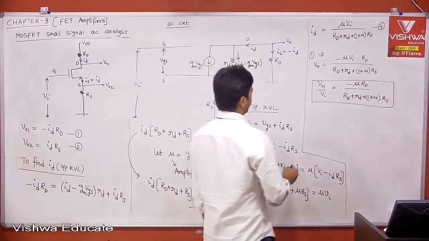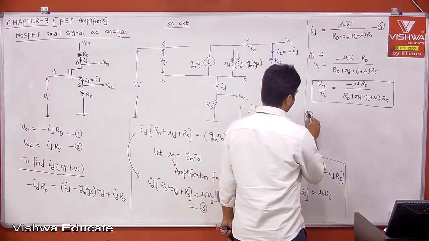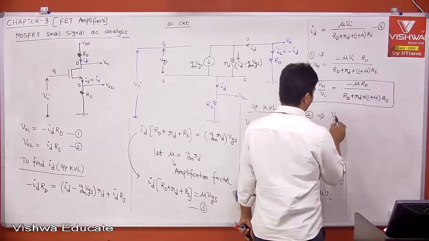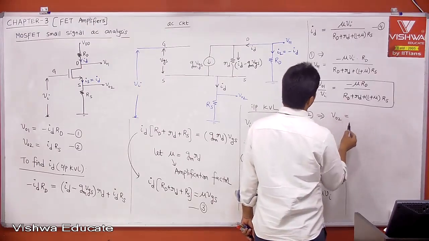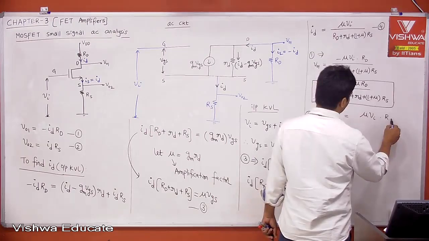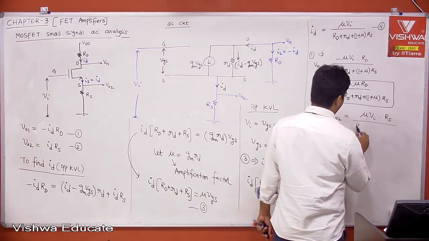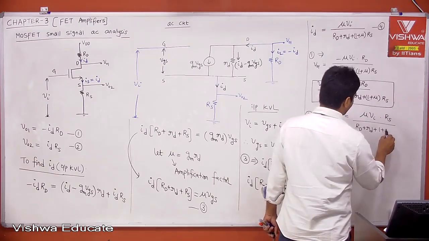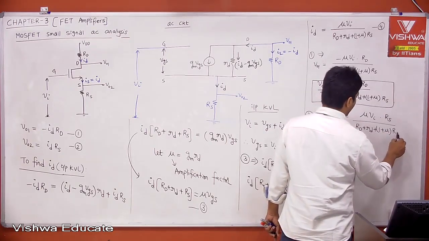Similarly, 2 implies, what is 2? ID into RS. Therefore, V02 is equal to ID into RS, mu into Vi into Rs divided by capital Rd plus small rd plus 1 plus mu into Rs.